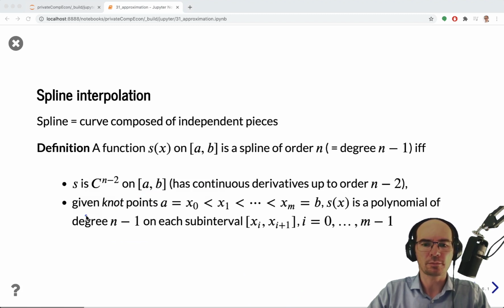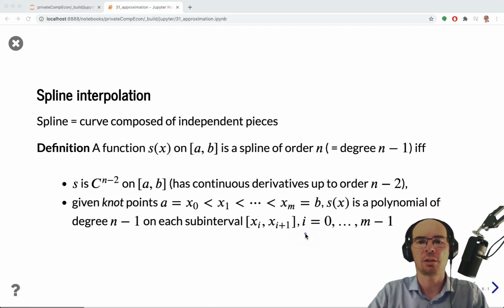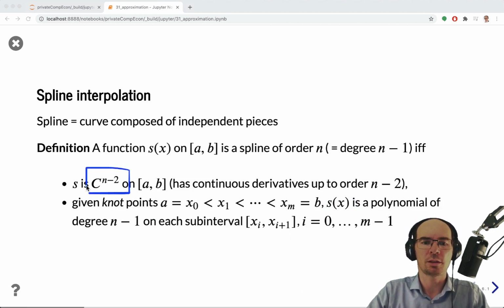And between the given grid, the collection of these knot points, the function s of x is a polynomial of degree n minus 1 on each of the intervals. So that's the definition. The spline is a piecewise polynomial function which maintains a certain degree of smoothness.